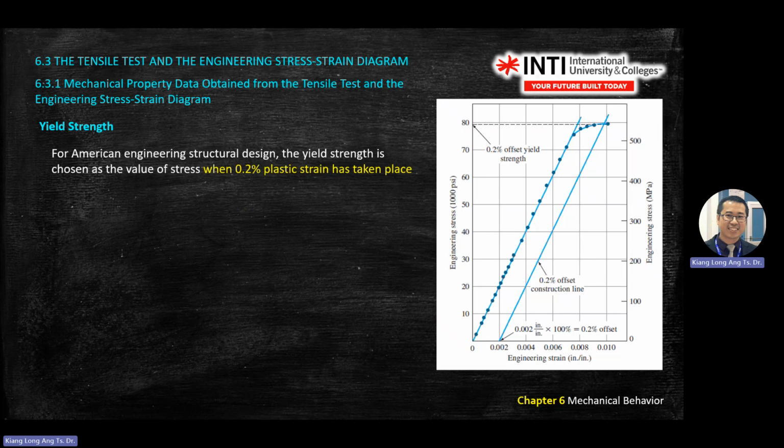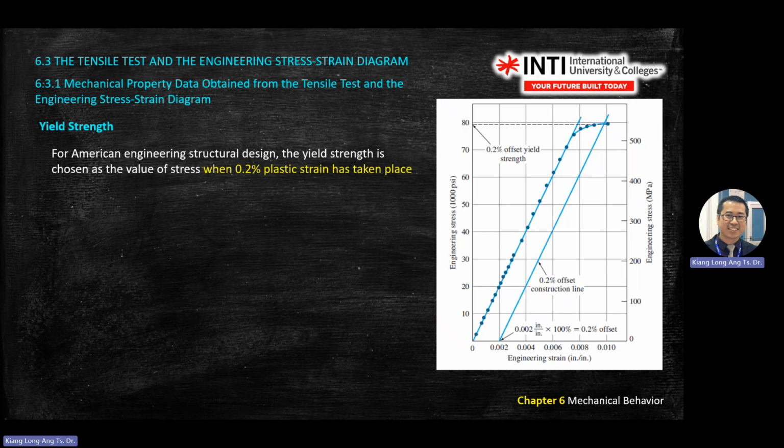If you are applying 0.2% plastic strain analysis, 0.2% offset is 0.002. You convert the percentage into this value. All right.